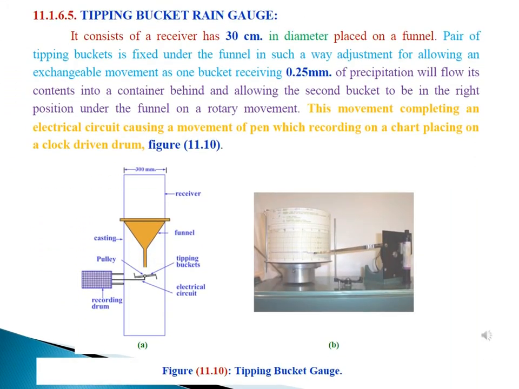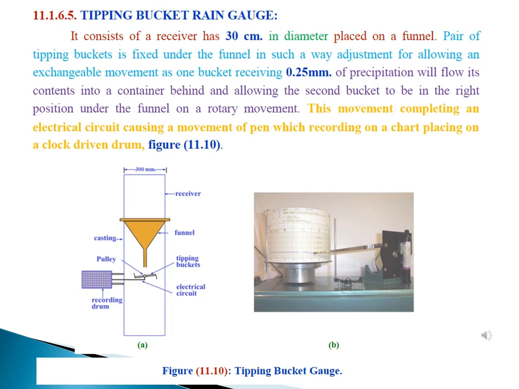Tipping basket gauge. It consists of a receiver with a 30 cm diameter placed on a funnel. A pair of tipping baskets is fixed under the funnel in such a way as to allow an alternating movement, as one basket receiving 0.25 mm of precipitation will flow its contents into a container behind, allowing the second basket to be in the right position under the funnel on a rotary movement.